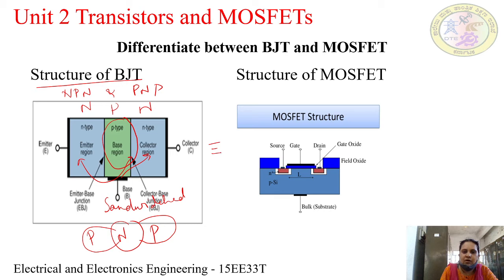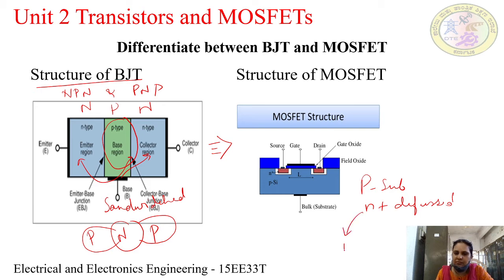If you look at the MOSFET structure, it has a P type substrate in which two N plus regions are diffused. These two N plus regions will form the drain and the source terminals, whereas the P region along with the oxide and metal, the P region being the semiconductor, forms the MOS structure.